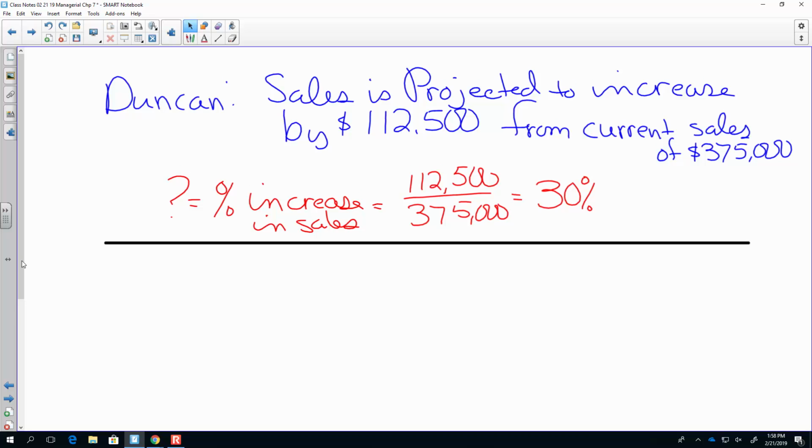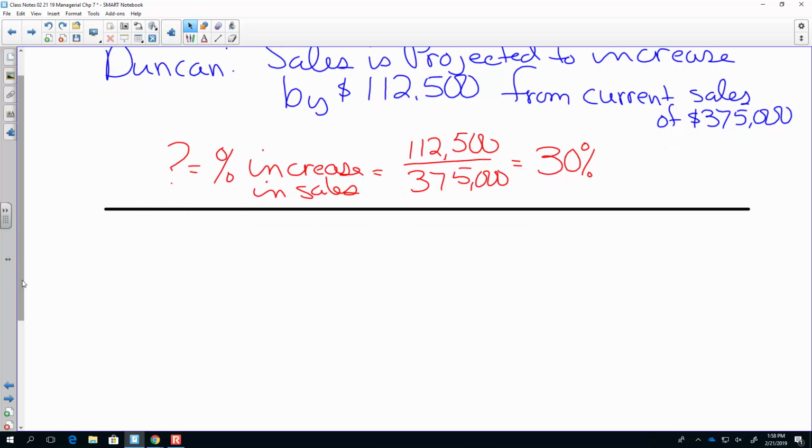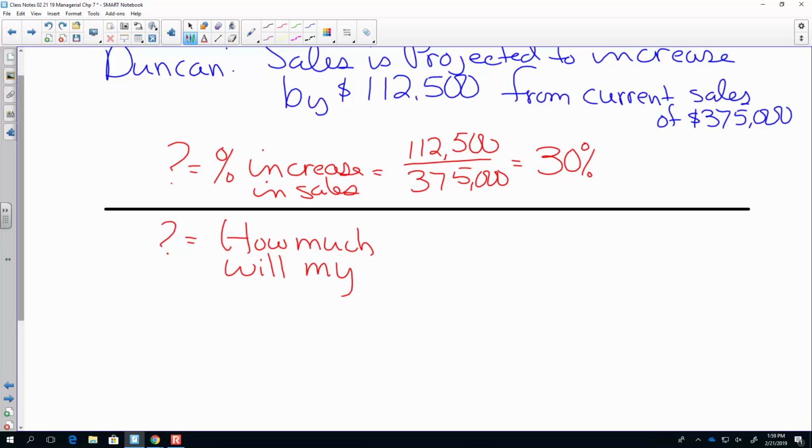My next question, guys and gals, is: knowing that percentage of increase, knowing my percentages from the problem, how much will my net profit, net income, increase? So it's exactly the same question as I had before.